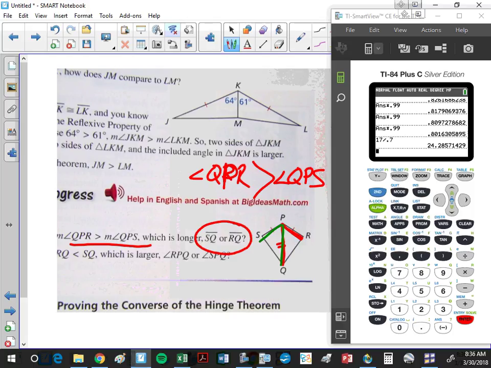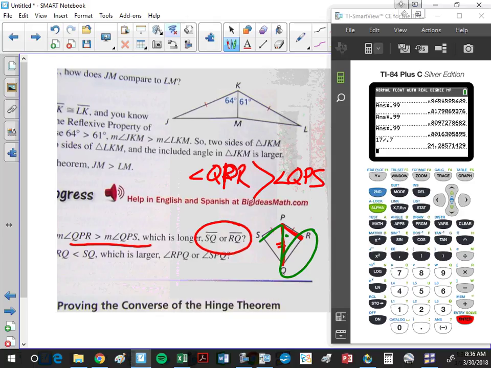RQ has got to be bigger. If this angle is bigger, then that side is bigger. Okay? We're not going to do proofs, proving triangle relations.